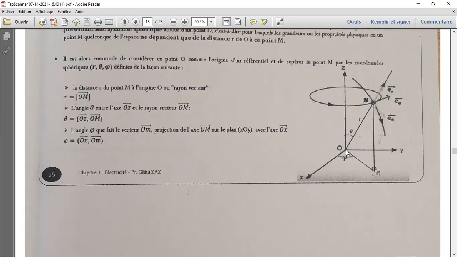Your phi is equal to 0, since this distance OM and the small m, if I draw a parallel distance here, you'll find that it gives you exactly M.